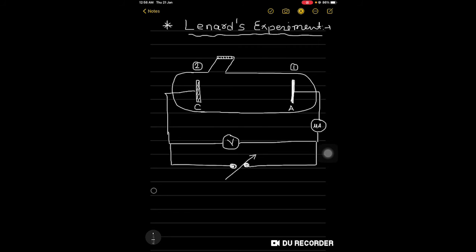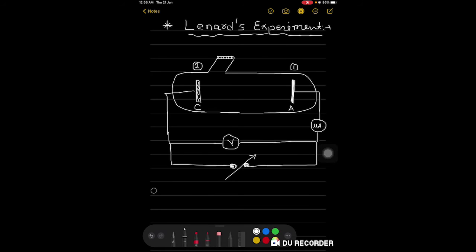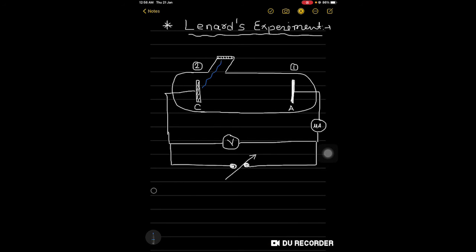In the beginning of this experimental setup, Lenard made plate A positive with respect to plate C. Now he incident UV light or a high frequency light on these plates.